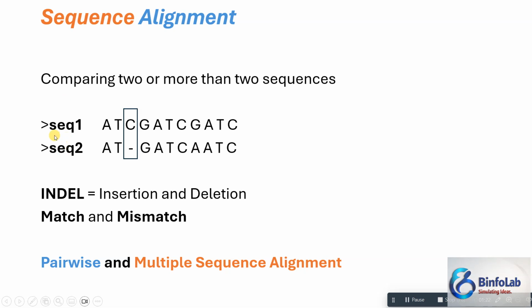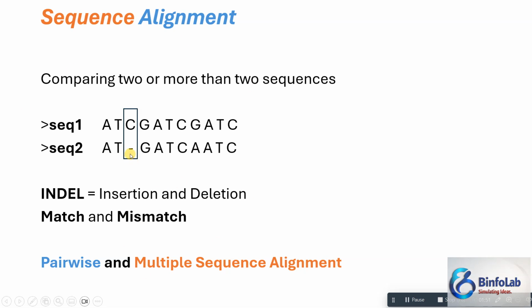Now, after watching part 1, you will be aware of this header sign. So, we have these two sequences. You can see that this is sequence 1, this is sequence 2. And there is a small dash. In terms of bioinformatics or sequence alignment, we do not call it a dash, we call it a gap.